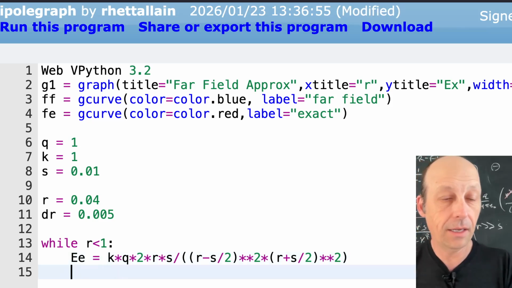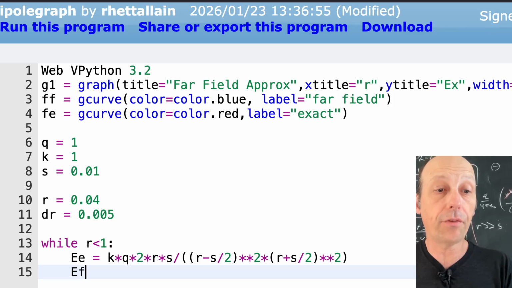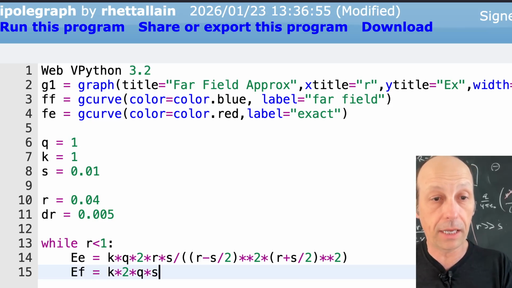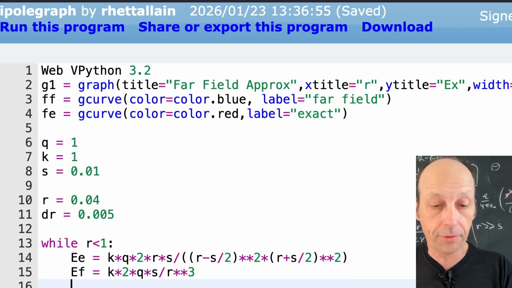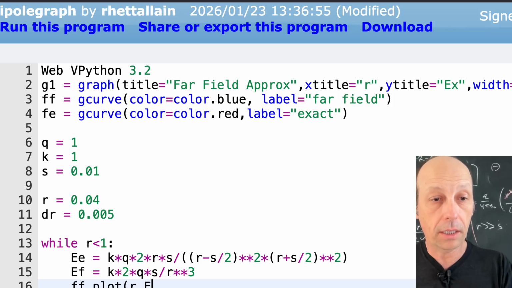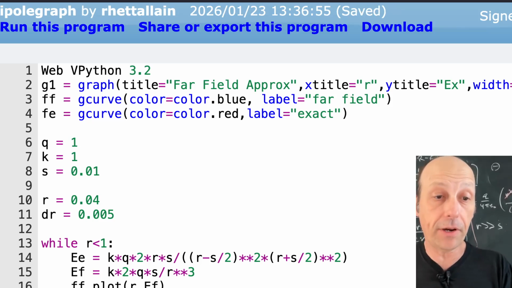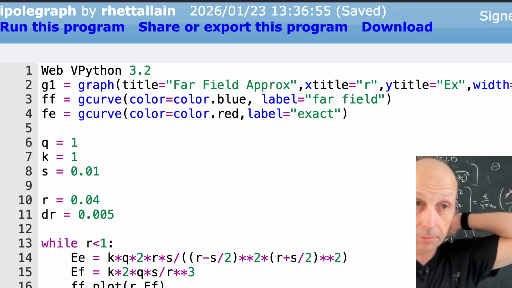I think I got that. Now for the approximate value, E far field, EF, it's going to be k times 2 times q times s divided by r cubed. Now I'm going to plot both of those. So FF dot plot is going to be r, EF; FE dot plot r, EE. And now I need to increase my value of r. r equals r plus dr. Let's just see what happens.